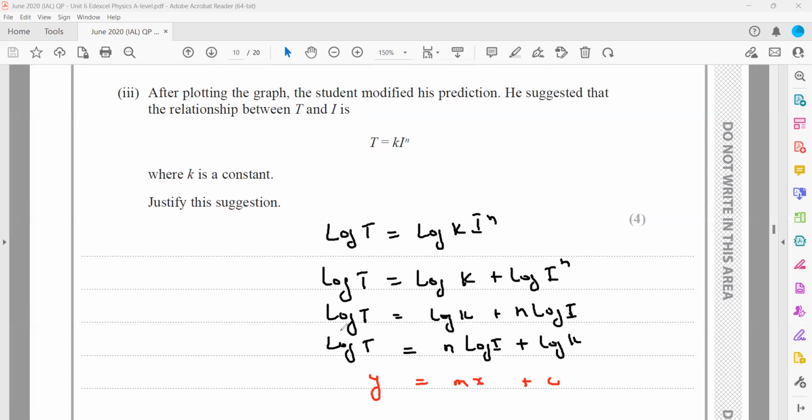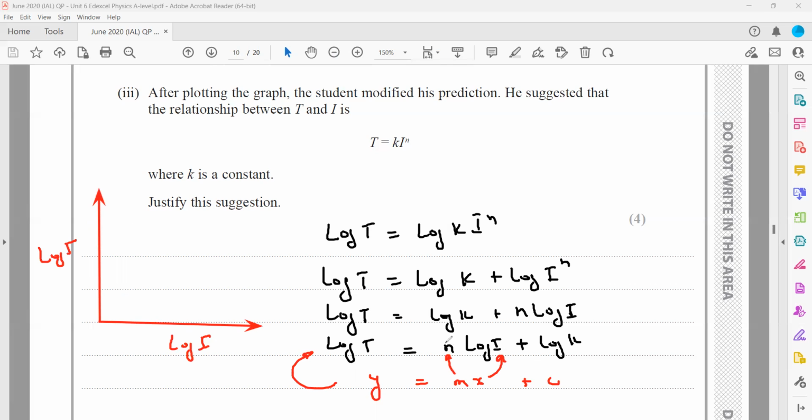So according to the modified relation, on the y-axis we have log t, on the x-axis we have log I, and the gradient will be equal to n.